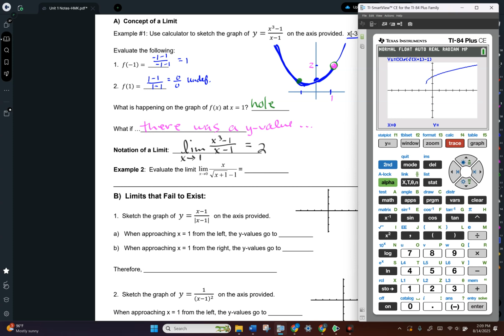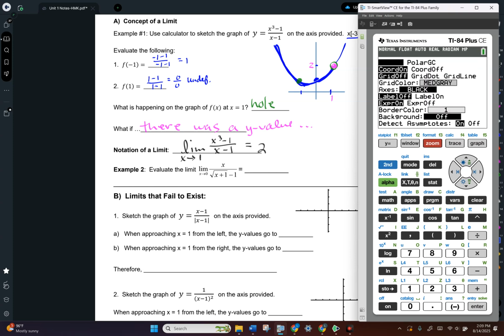In fact, I'm going to show you something. What if I were to take off the y-axis? Just curious. Let's see. Can I take those axes off?